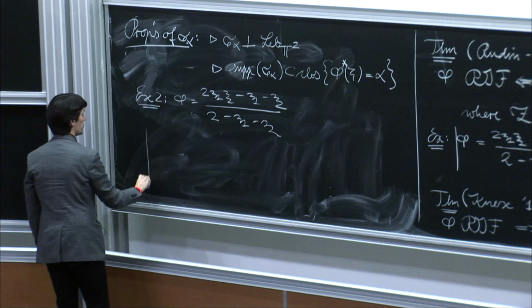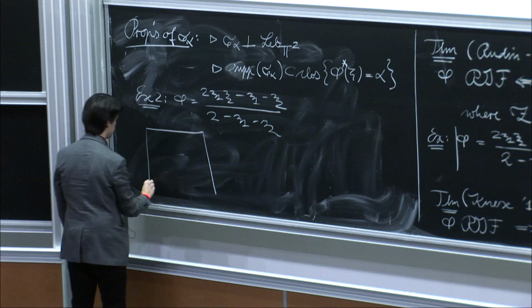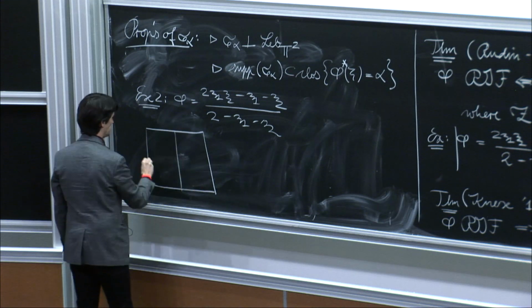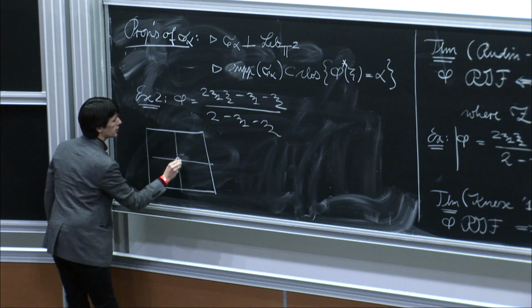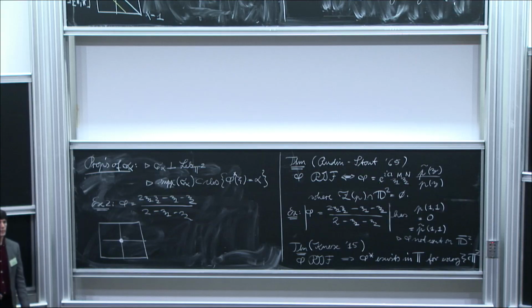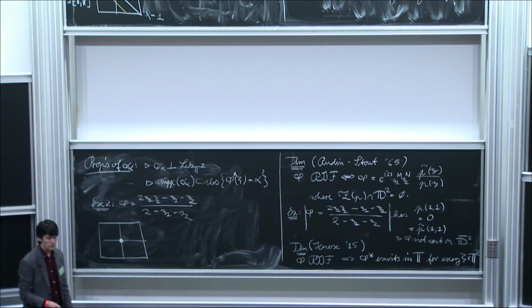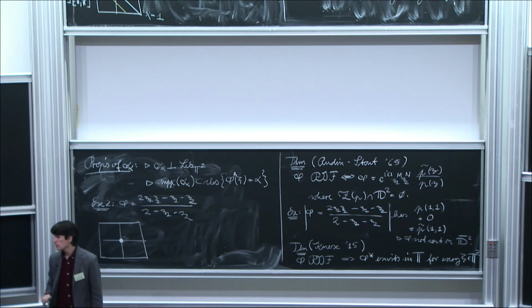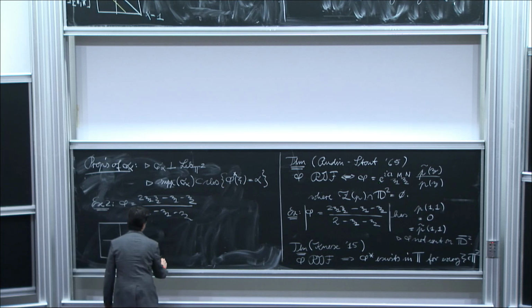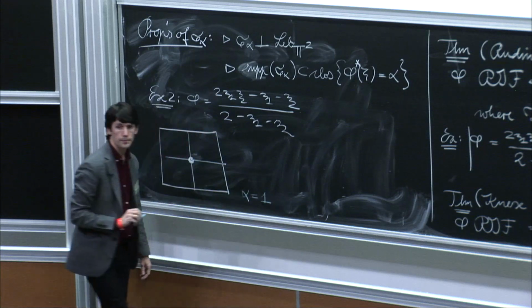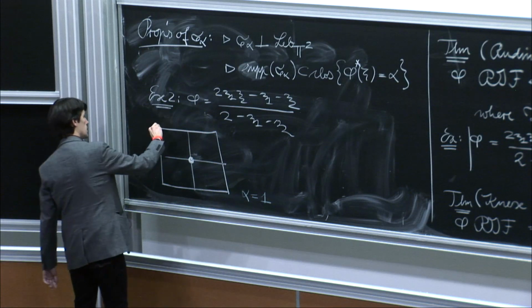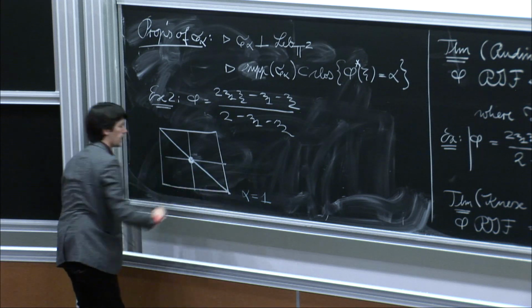So I'm going to draw the two torus again. This function has a singularity at (1, 1), which becomes the origin in this picture. Now you can check what the support set for, let's say, alpha equals +1 is. It turns out that it's this diagonal again.